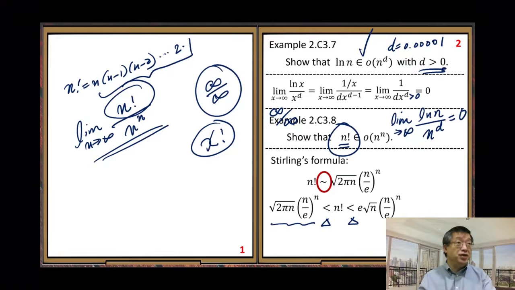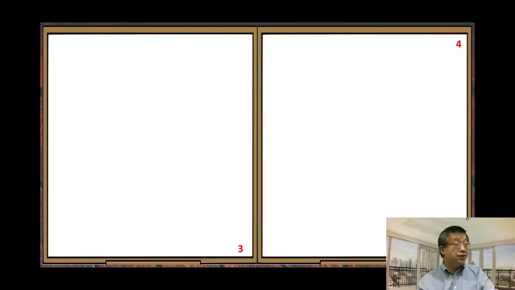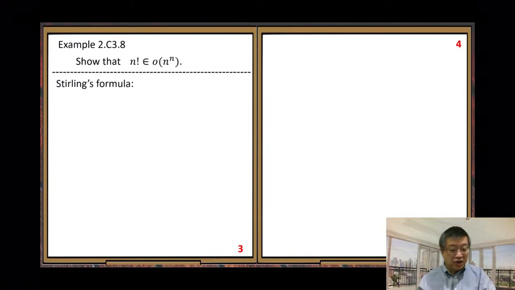That is very convenient. We approximate n factorial from both sides, upper and lower. All right, now let me show you how to apply that inequality version of the Stirling formula to find the answer.